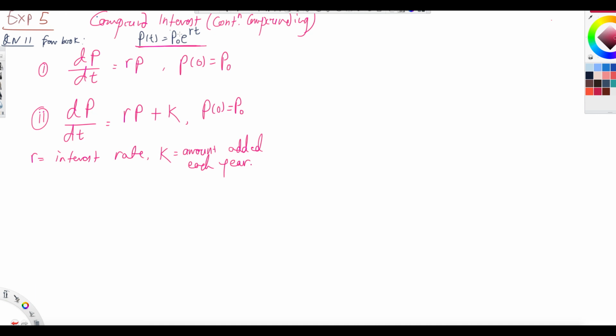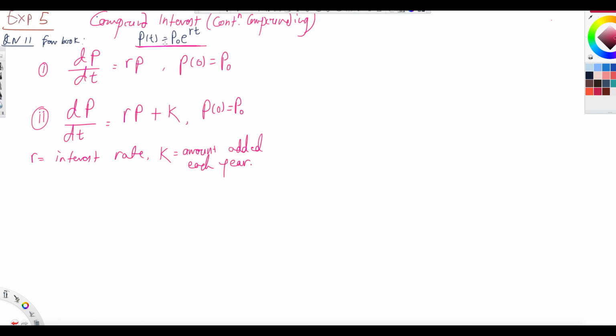This is the principal after time T, because what is happening here is compound interest, meaning that the interest will be added to the principal, and the new principal will be the interest plus the previous principal.